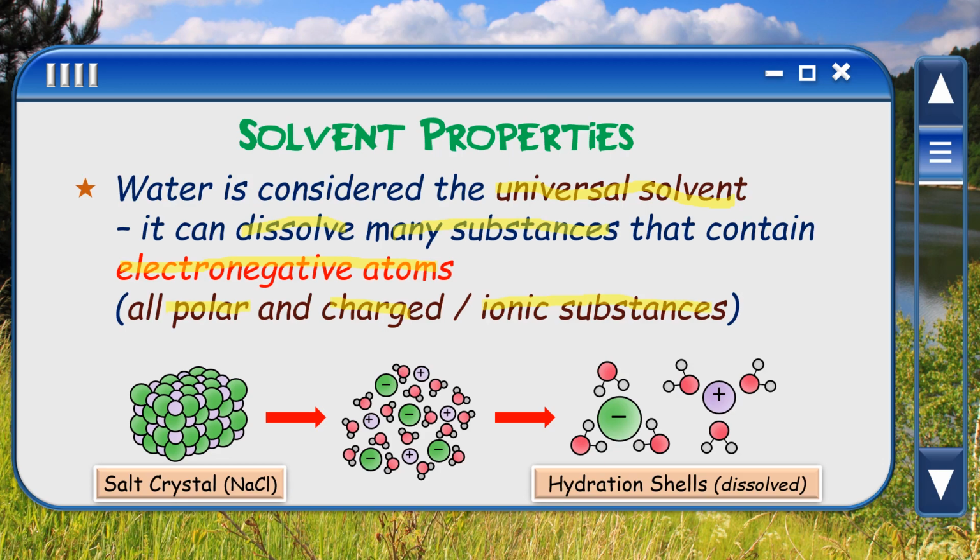Let's look at the structure of sodium chloride. It is made up of sodium ions and chloride ions. What is going to happen with water? The water molecules will surround the chloride ions, and since the chloride ions are negatively charged, the water molecules will orient themselves so that the positive hydrogen faces the chloride ions.